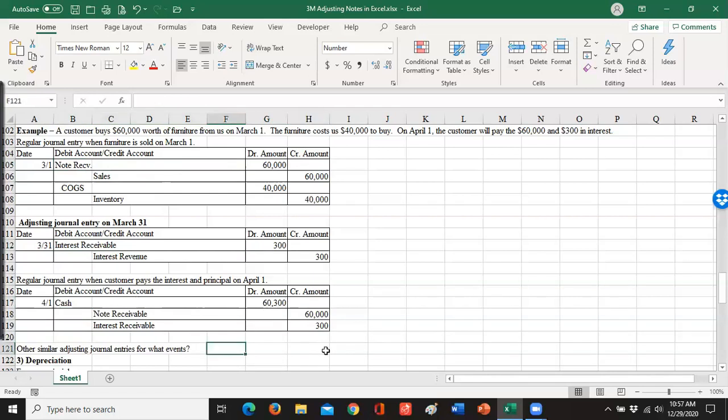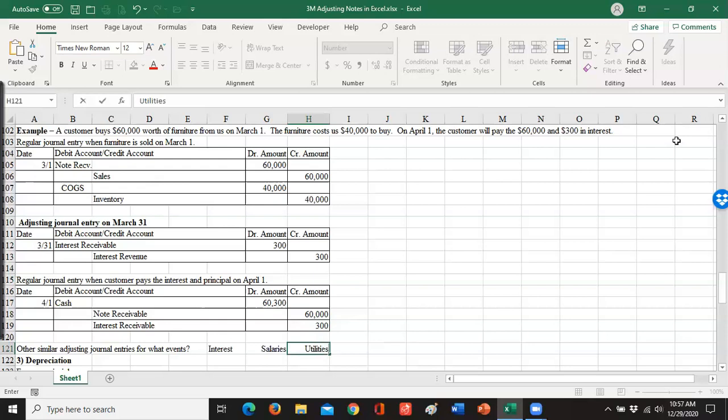So similar kind of interest, whether it's interest receivable or interest payable, salaries, utilities. If you think about utilities, I use up my electric and then they send me the bill for what I used in the past month. And all those bills that come after usage.